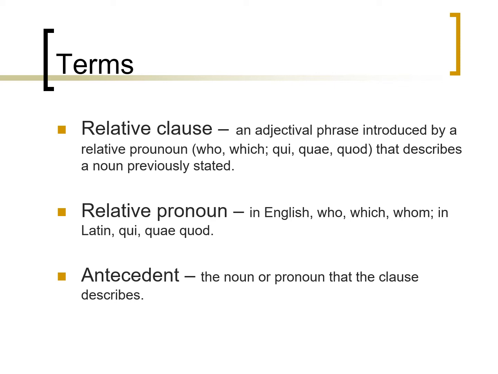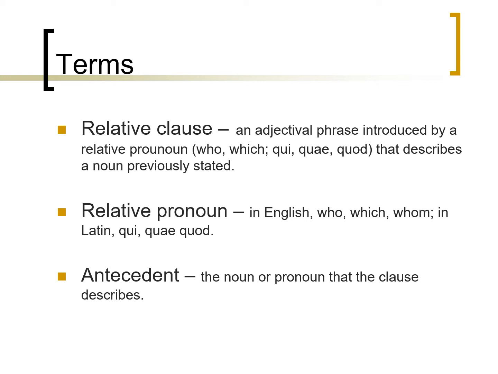Let me just make sure you're clear on some of these terms I've been throwing out. So a relative clause is a dependent clause. It cannot stand on its own. And as an entire clause, it is giving us information about some noun in the sentence. It relates to that noun. These relative clauses are introduced by a relative pronoun.